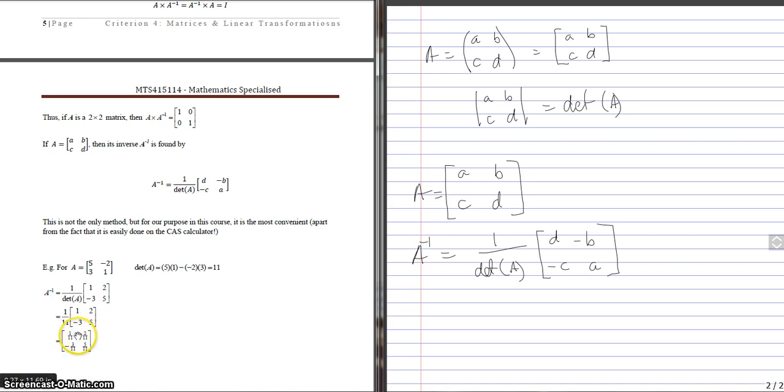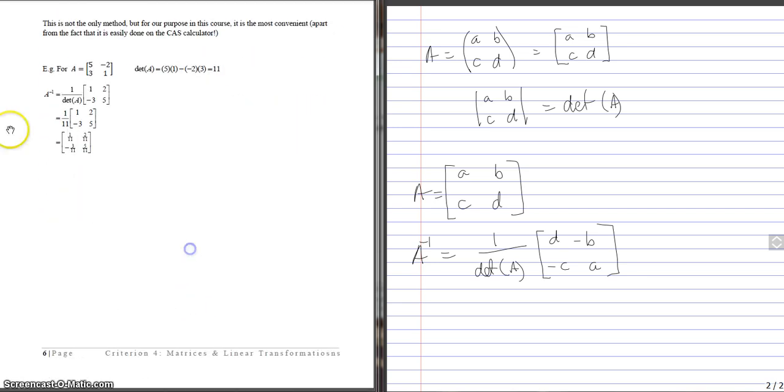If we were then to multiply this by our original matrix, we would end up with our identity matrix. We'll leave it at that for this video, but before you go on to do any more questions, we'll do the next short video, and then you can go on with some further problems.